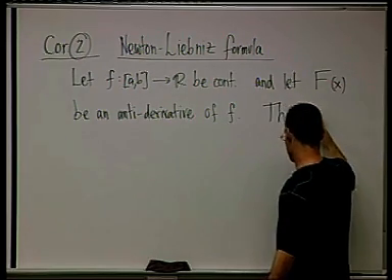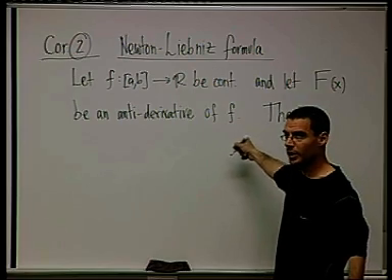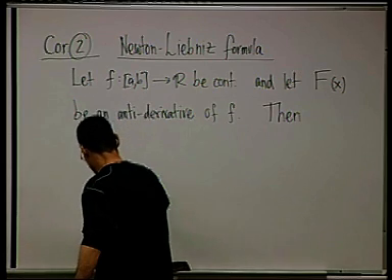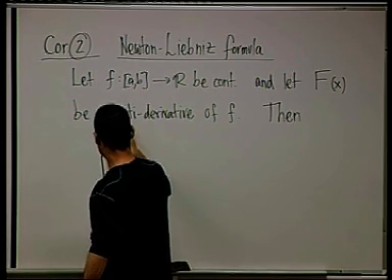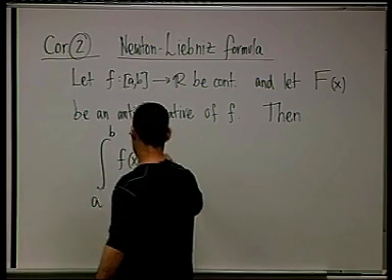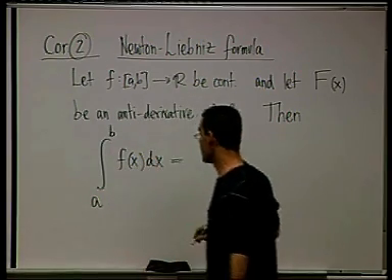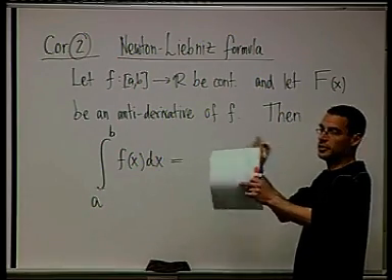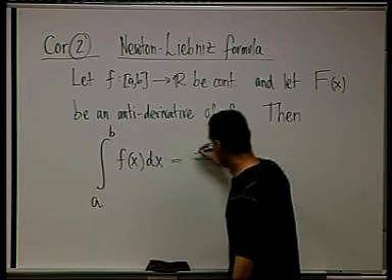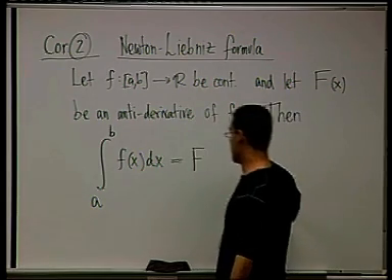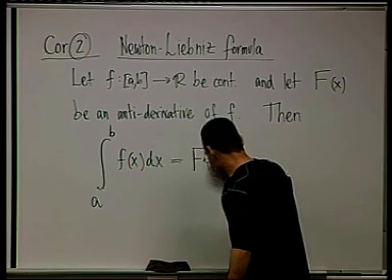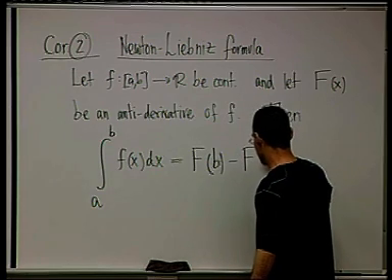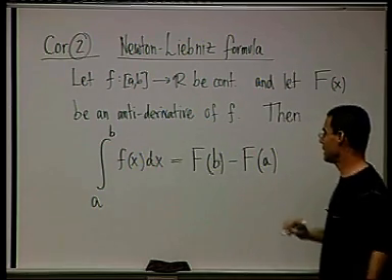Then, and here's the million-dollar statement, finally, the integral from a to b of f of x dx equals, and now no existing c's or whatever, take the antiderivative F, evaluated at one endpoint, b, and subtract the antiderivative evaluated at the other endpoint.